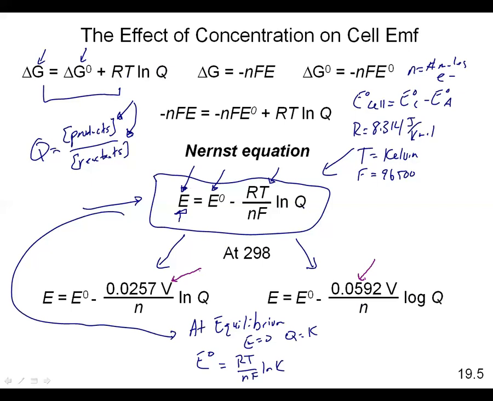But technically, if you're not at 25 degrees Celsius, you shouldn't use those reduced versions. You should use the one in the box here. But you can use the one in the box at 25 degrees Celsius as well, like I just did, or you can use the two bottom ones. You should get pretty much the same answer, and as we talked about before, it might be slightly different depending on how you round, but it should be pretty darn close. Other questions? Okay.